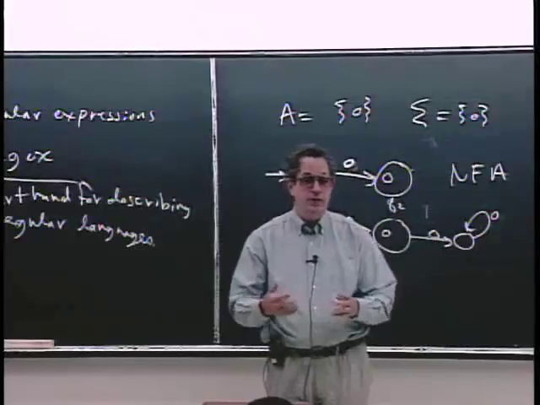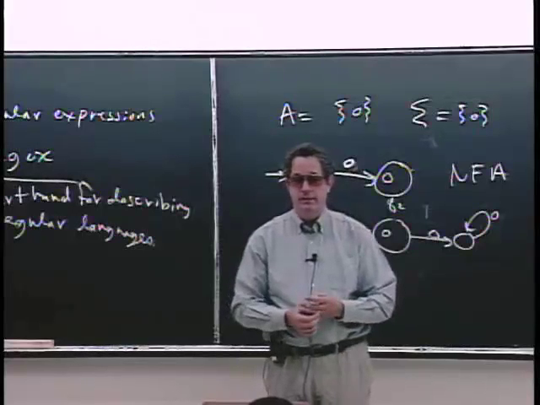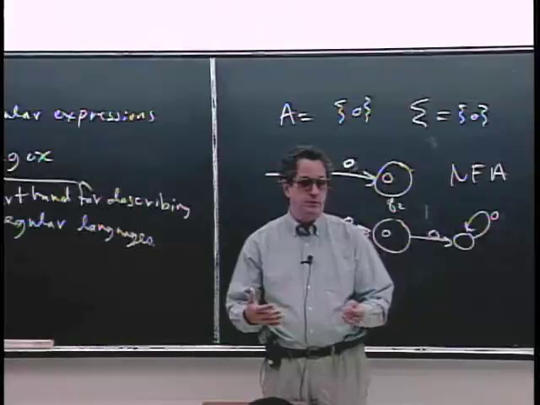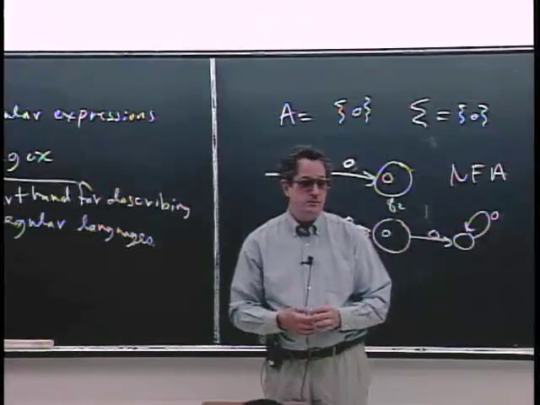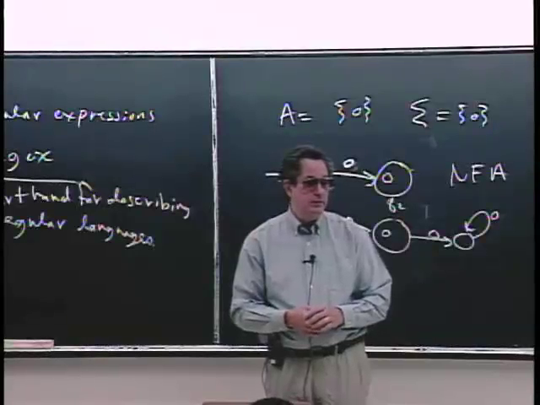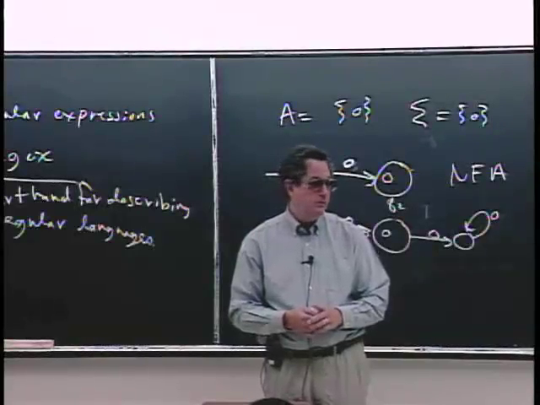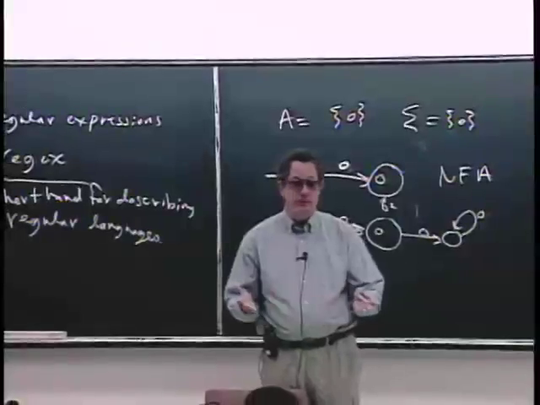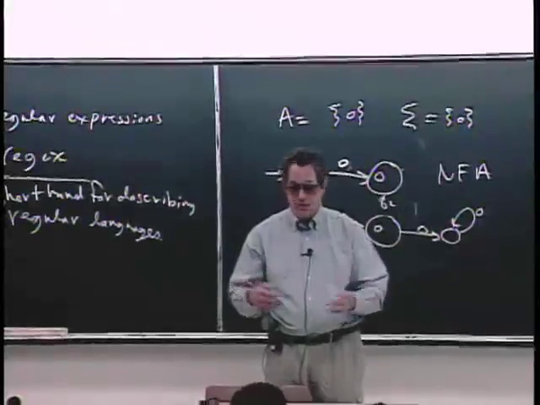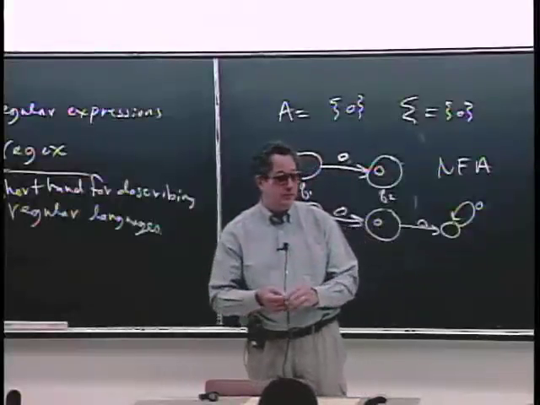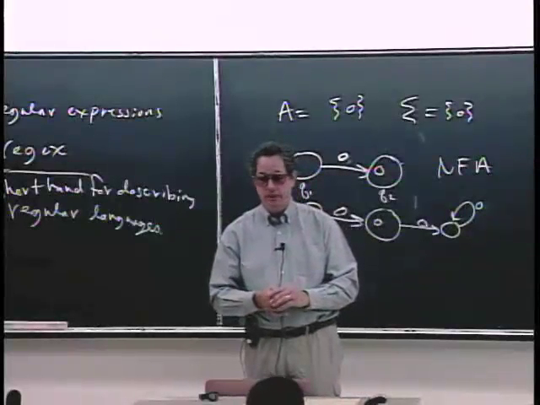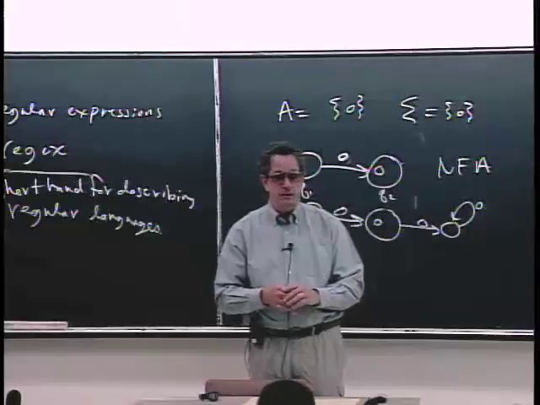If I want to describe to you a particular language that I claim is regular, how do I do that? Build a DFA. Yeah, I can show you a DFA for it, or I can show you an NFA for it. Because we know that the class of DFAs and the class of NFAs recognize exactly the same set of languages, namely the regular languages.